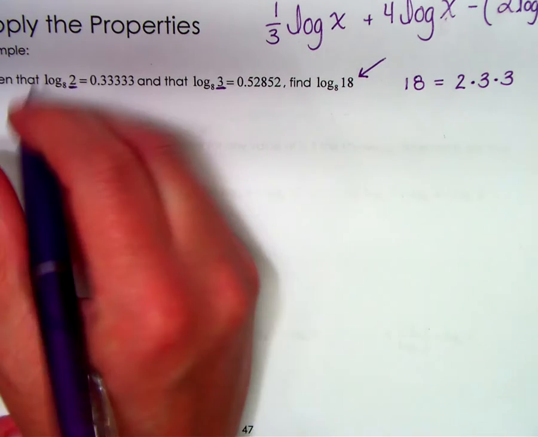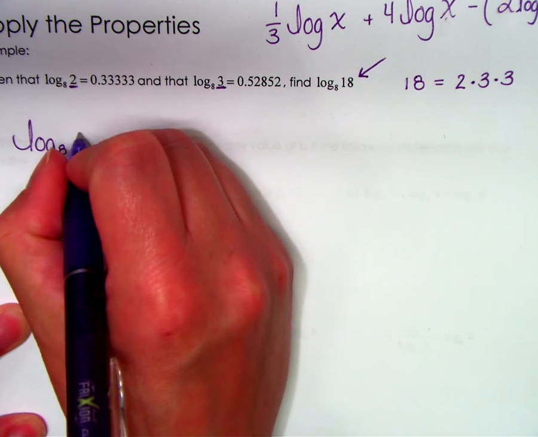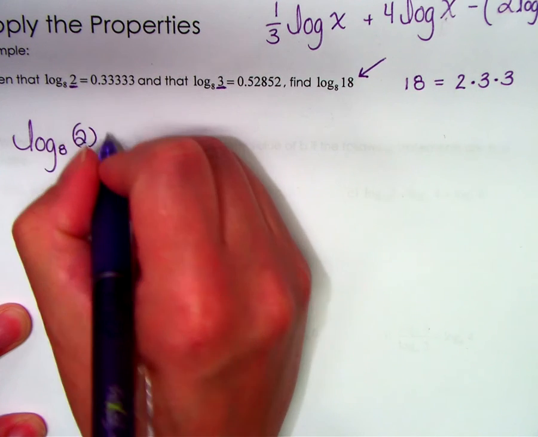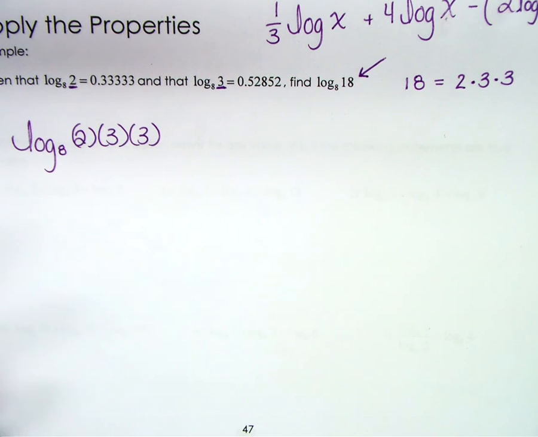All right, so if you know that log 18 is the same as 2 times 3 times 3, can you write that in expanded form? Write it in expanded form, guys.